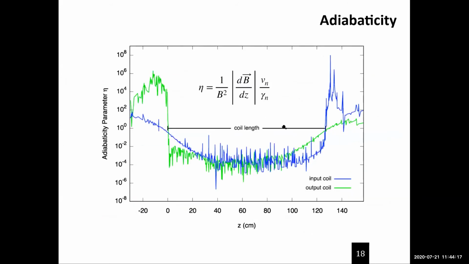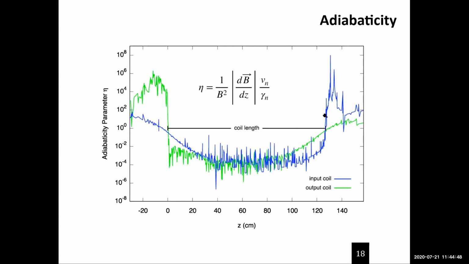Here I'm showing the adiabaticity parameter that I presented earlier. The blue line represents the adiabaticity parameter for the input coil. This shows how we have adiabatic transport for the neutrons from the entrance through the exit, and then at the exit we have a non-adiabatic transition.